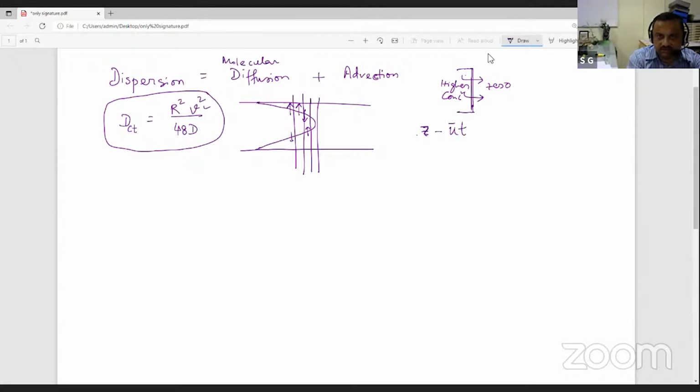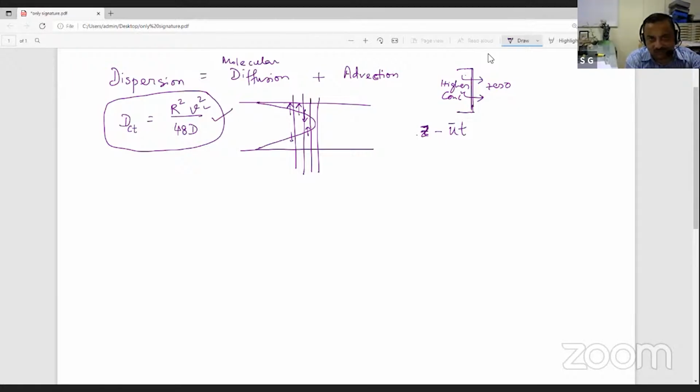Because our front position is continuously changing, we have to work with a moving coordinate system, so that also has to be accounted. So when we change this, this becomes a modified coefficient. Instead of molecular diffusion coefficient, we use this modified coefficient.